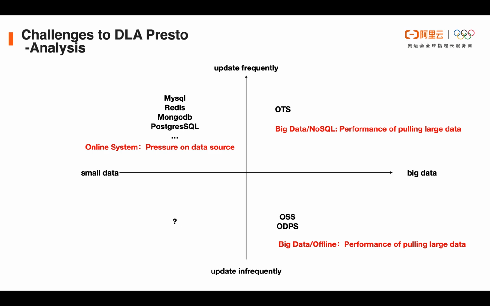So, for the online system, to reduce the pressure, we limit the concurrency and avoid reading from master. And for the big data offline systems, because data is not updated frequently, it is suitable for caching.